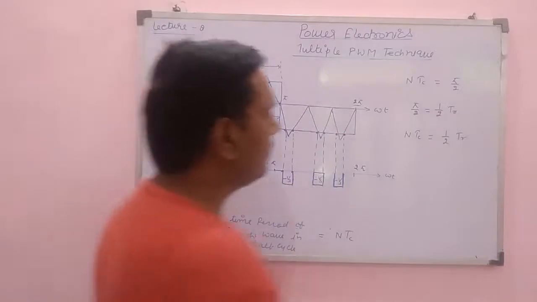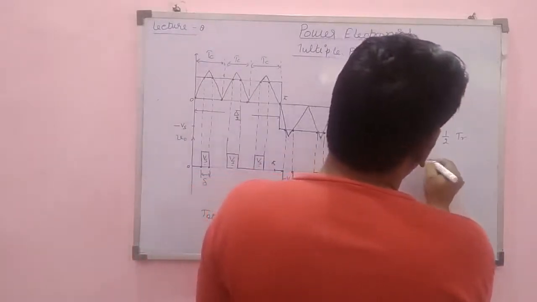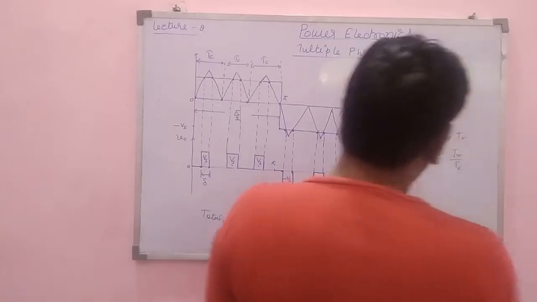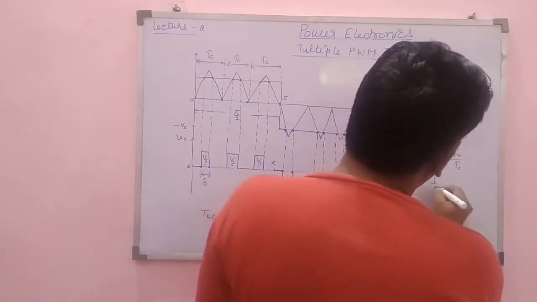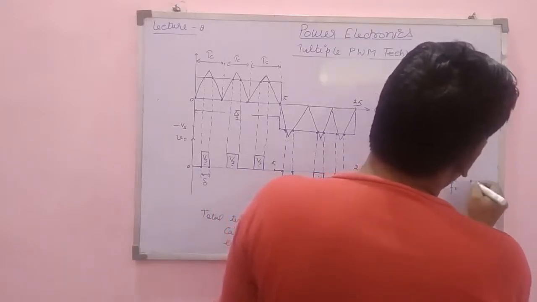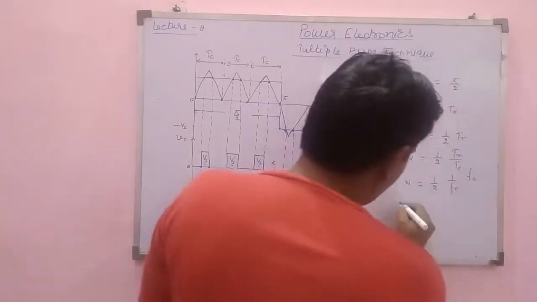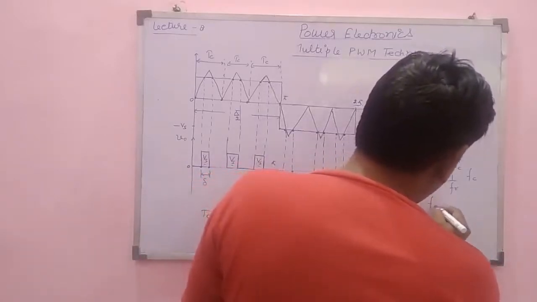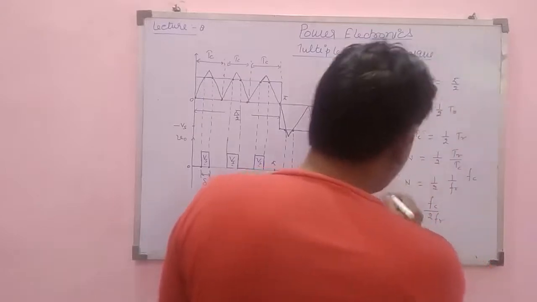Okay, from here n is equal to how much? It will be 1 upon 2 into tr divided by tc, and n is equal to 1 upon 2, tr is 1 upon fr, tc is 1 upon fc. So number of pulses per each half cycle will be equal to fc upon 2fr.